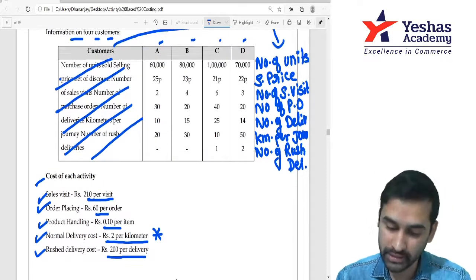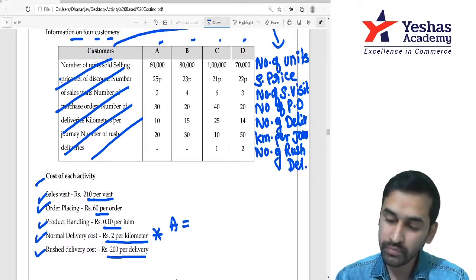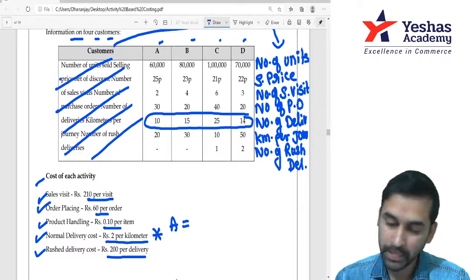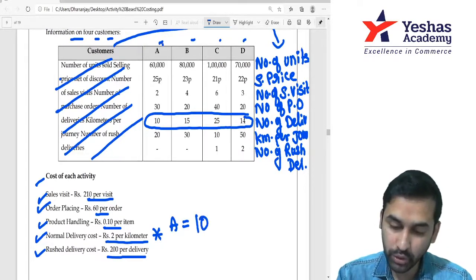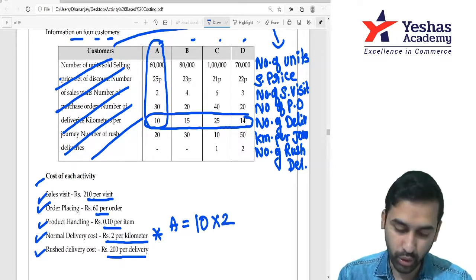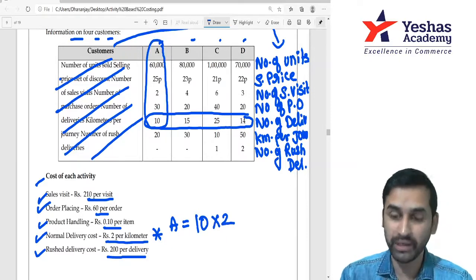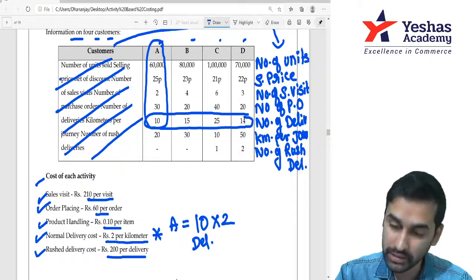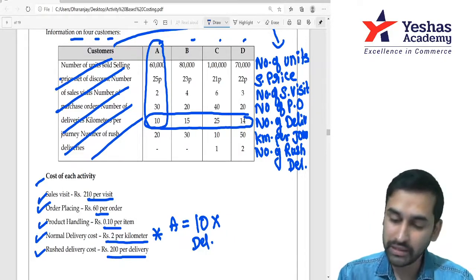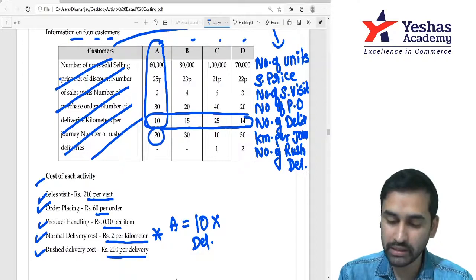How are we going to calculate it? See, for A, how many deliveries are you going to do this row? 10 deliveries you are going to do for A, correct? Can I just do 10 into 2? No, you can't, because this is 2 per kilometer and this 10 is 10 deliveries. 10 deliveries you have to make, and kilometer per journey is 20 kilometers.